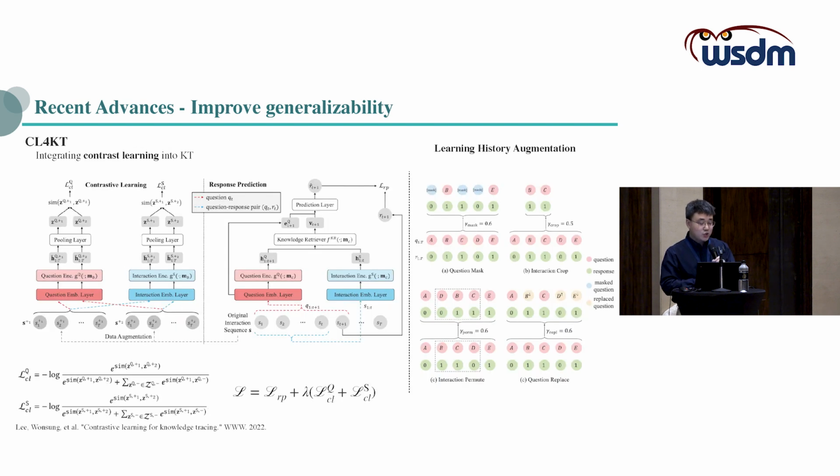Also, we can use contrastive learning in KT. The idea is that we want to find an efficient embedding which puts similar sequences together and dissimilar sequences far away. That paper proposes four methods to build similar sequences, such as randomly masking some question IDs or interactions, interaction permutation, and question replacement.